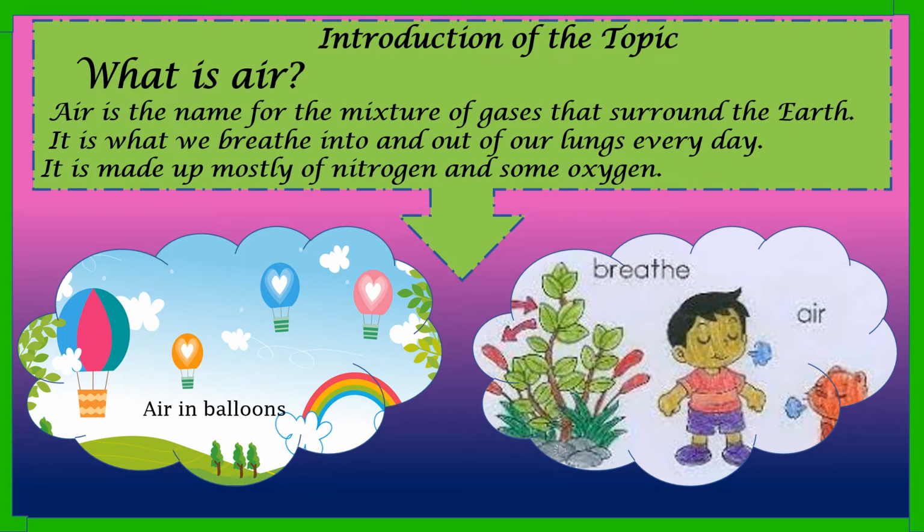Dear students, in this lesson, you are going to learn about air. Air is a mixture of gases that surrounds the earth. Air is made up mostly of nitrogen gas and some oxygen gas. Oxygen gas is exhaled by the plants.